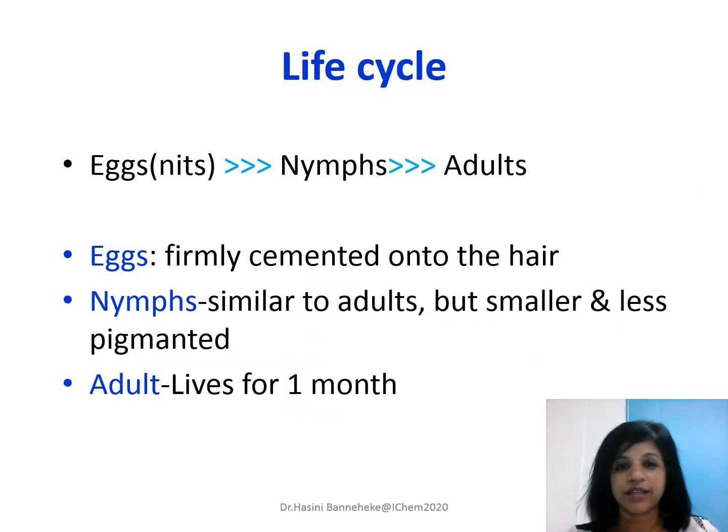So their life cycle, if we have a look, they have eggs. The eggs are the ukuna, the lady that you know. These eggs hatch and release nymphs. Those are look-alike adults. They are the smaller version of adults, and they grow into adults. So there are three stages in the life cycle: eggs, nymphs, and adults.